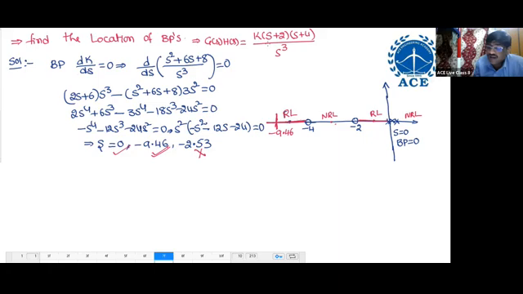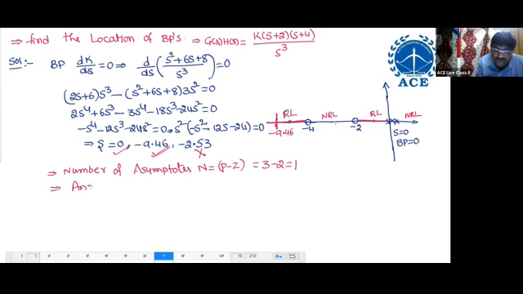Next, come on. Now draw the root locus diagram. Number of asymptotes: N equals P minus Z, 3 minus 2.